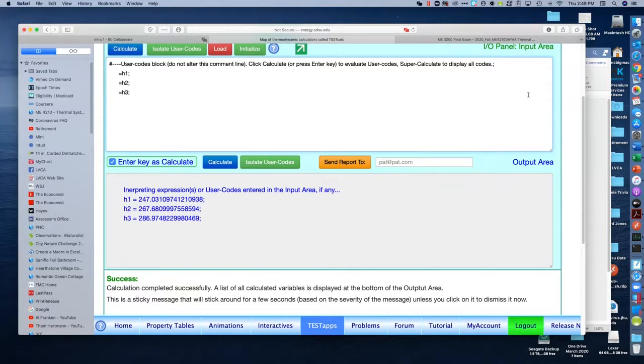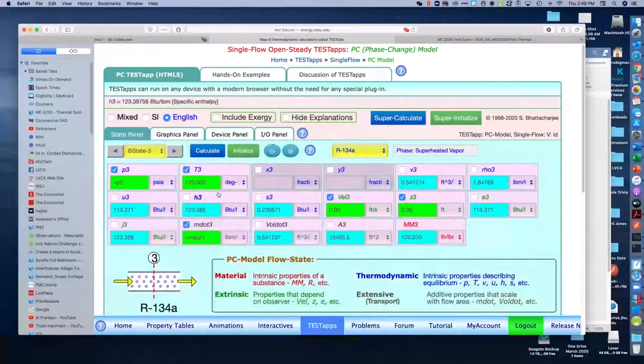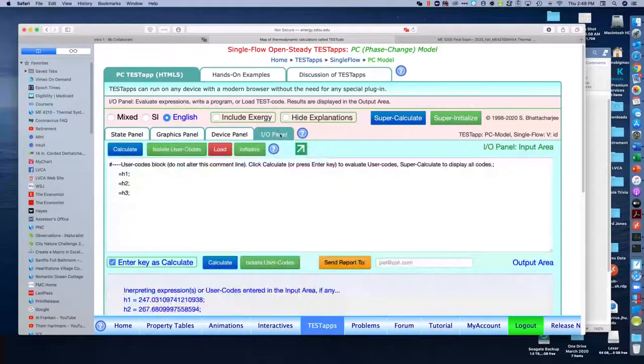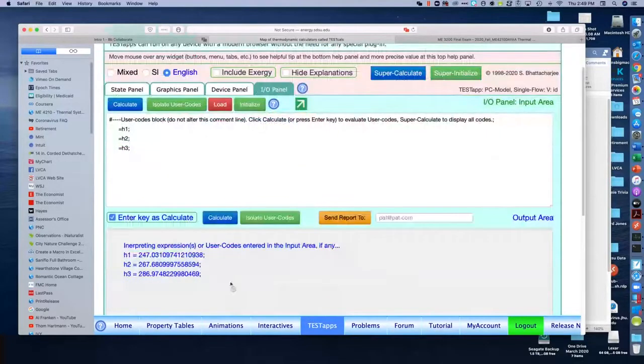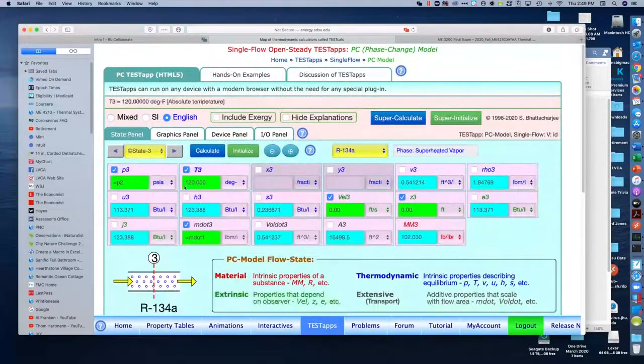Okay, now one of the things you need to be careful with is the enthalpies are different because the I/O panel does everything in SI and not in English. And so if I went back to the state panel, I could, if I wanted to, switch this over to kilojoules per kilogram, and I get the 286.